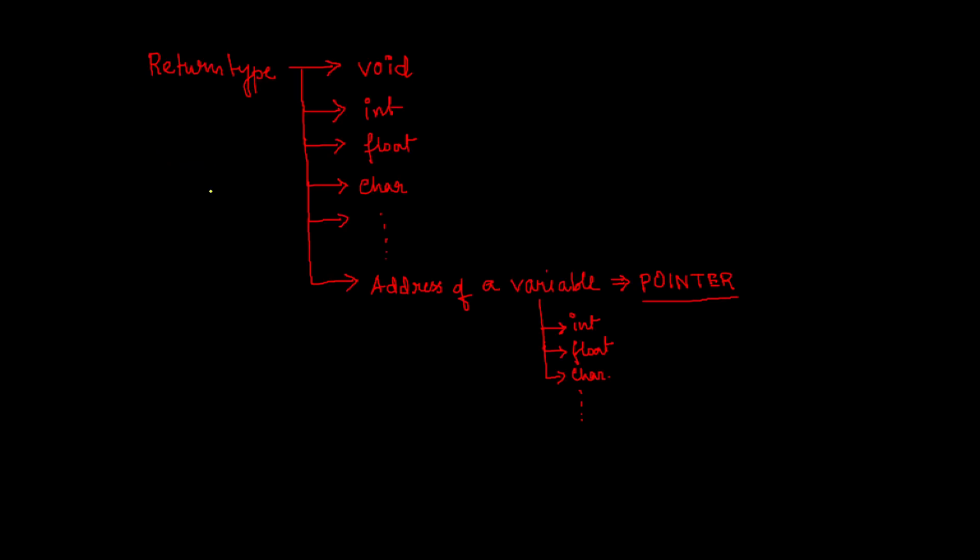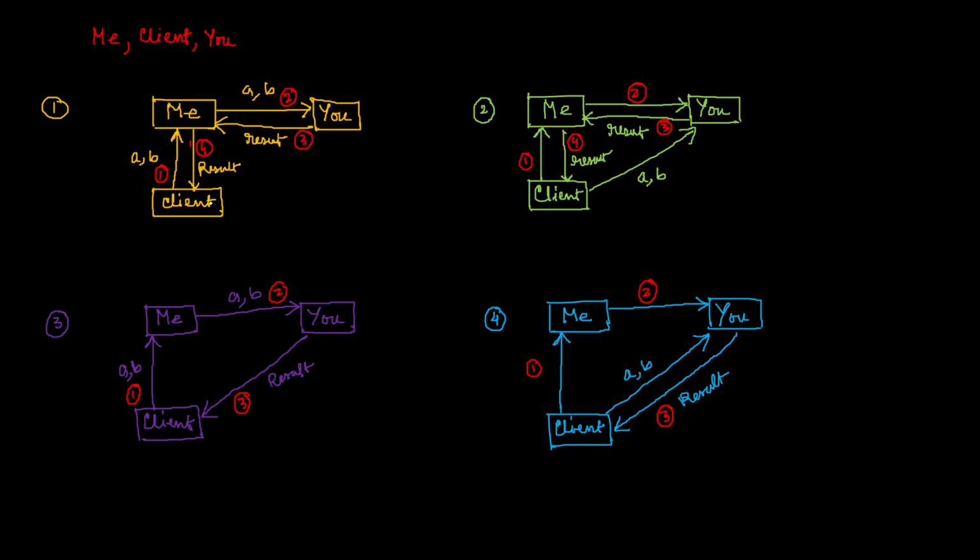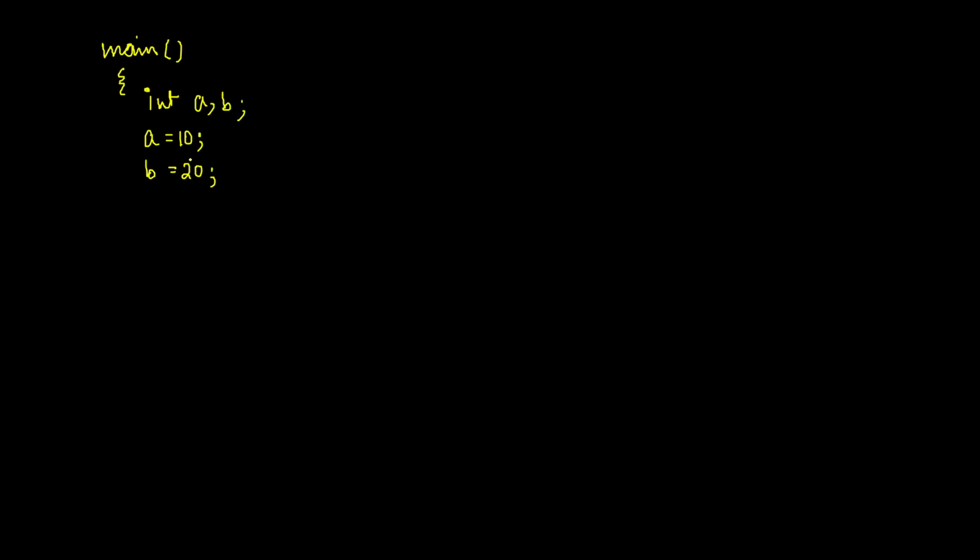I have told you that the client is giving data to me, but I have written here int a equal to 10, b equal to 20. I have considered that the data whose addition result the client wants is hard coded.